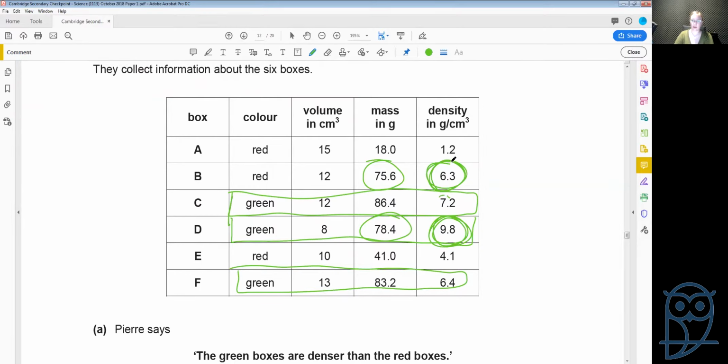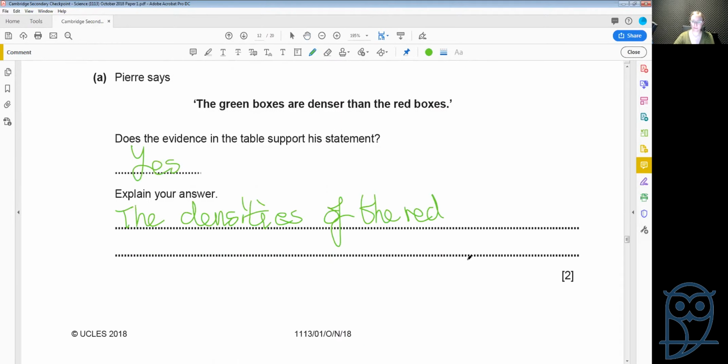And here's our 3 densities of the red boxes, 4.1, 6.3, and 1.2. So it's the same thing. So here we've got 6.3, and it is lower than the lowest of the green boxes. So the lowest of our green boxes is over here, which is 6.4. So the reason is the same, but thank you for spotting that I was using mass instead of density.